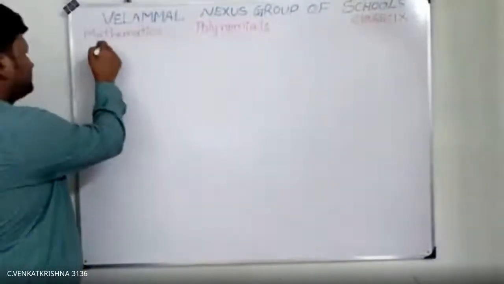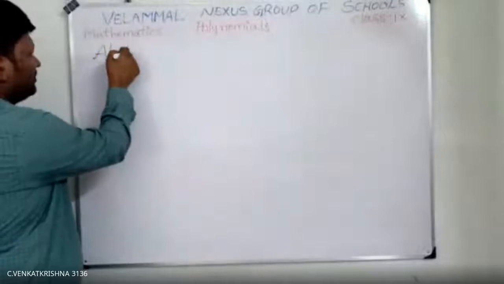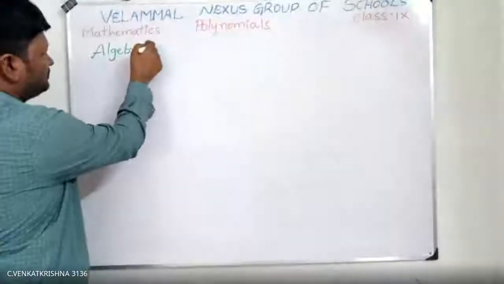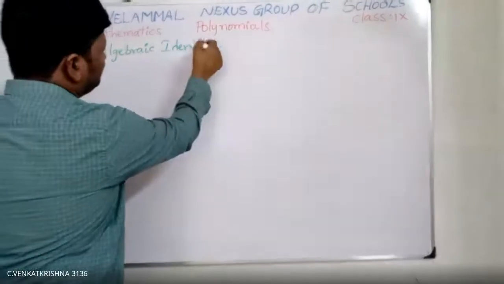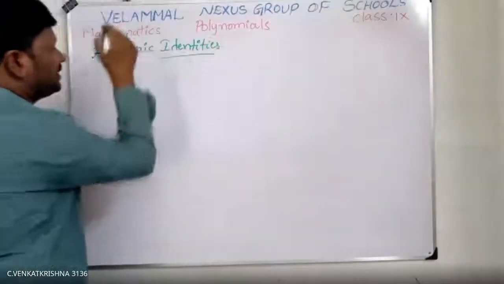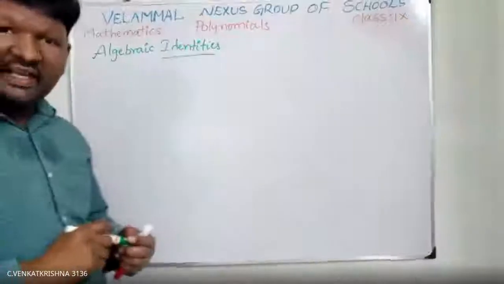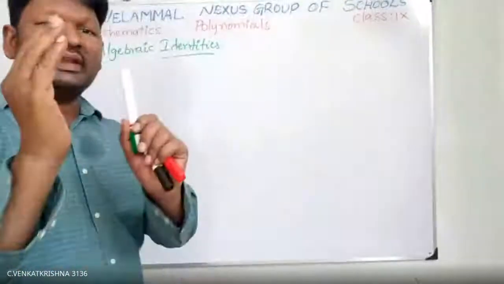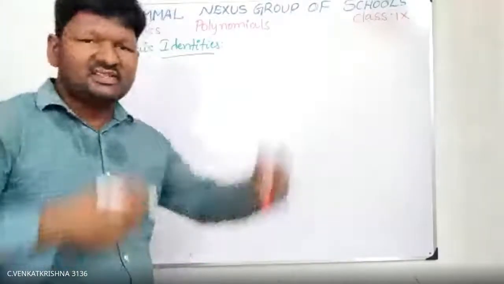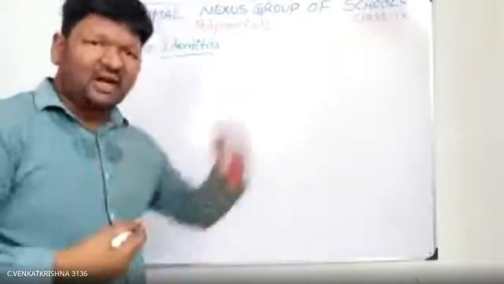So, algebraic identities. What is meant by an identity? An algebraic identity is also an equation. Equation means it should be balanced, LHS and RHS.